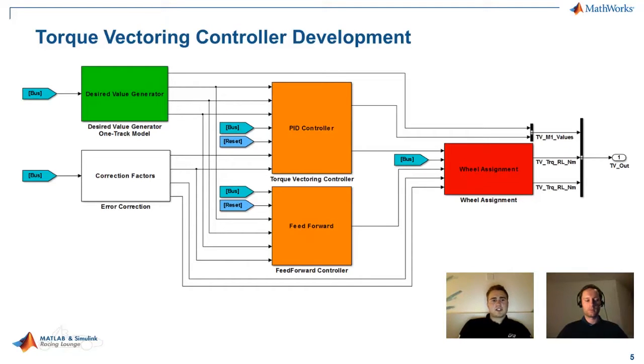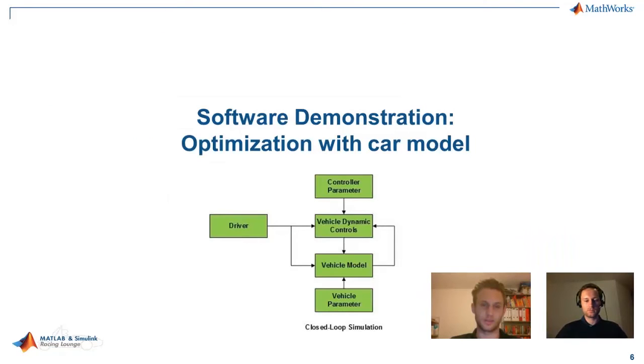Thank you. And now we want to have a little software demonstration about parameterization and how we use our torque vectoring. Now I want to hand over to Florian for this. Okay, perfect. First, I want to introduce how we implemented our optimization with the car model. For the car model, we used the CarMaker model by IPG, and we implemented our vehicle dynamic control structure into the Simulink model.